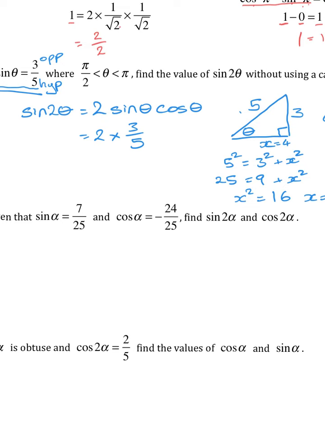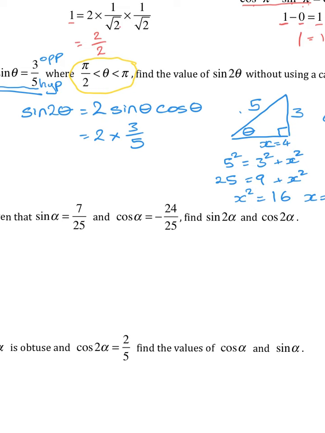However, there's one little bit that we haven't considered yet: the fact that theta is between pi on 2 and pi. So let's just draw a unit circle. Where's pi on 2 and pi? Pi on 2 is here, pi is here.